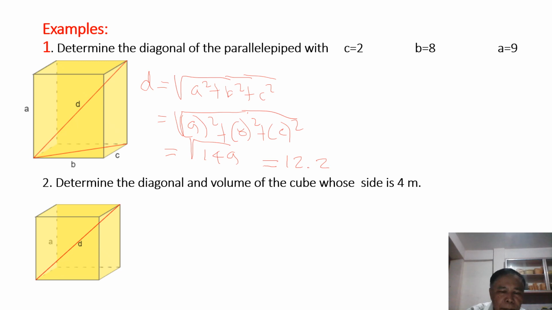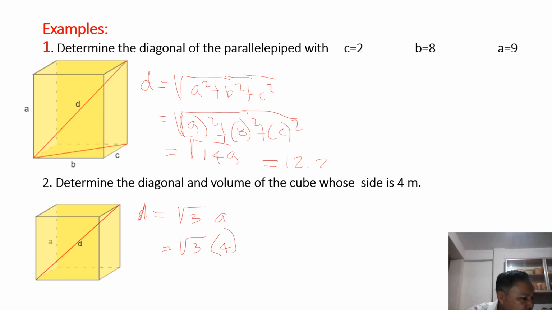For this one, determine the diagonal and volume of a cube whose side is 4 meters. So the diagonal, for the cube, as derived, equals square root of 3 times a. Your a there is 4.